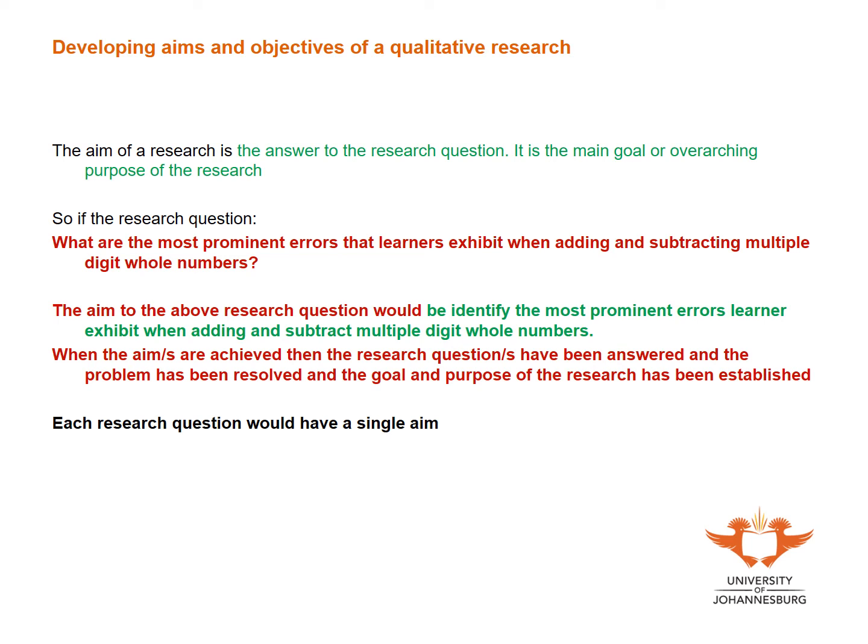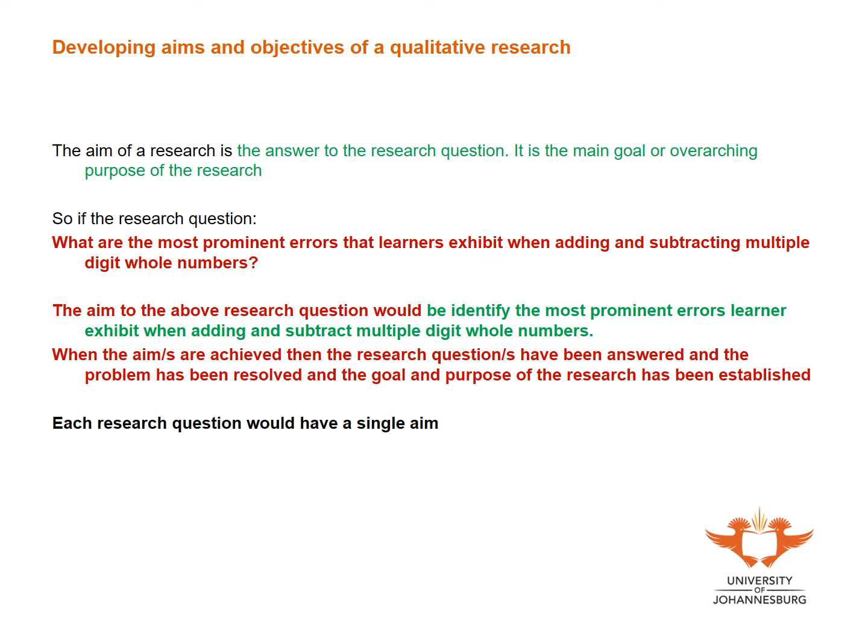So avoid complicated research questions. The more complicated research questions are, the more difficult it is to determine the aims. Each research question should probably have one aim. In most research, that's how it should be. So I always insist on students not to have so many research questions. Have one main question and maybe two sub-questions.